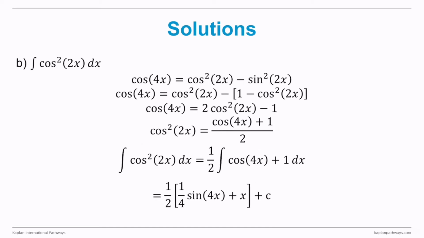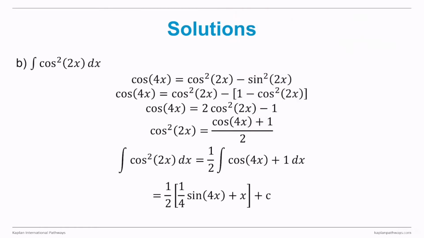For the integration of cosine squared 2x, it's again using the cosine 2a identity.